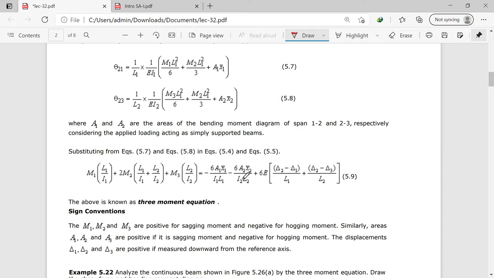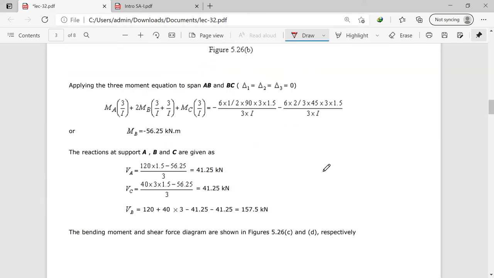Okay, so in the right hand side, he has considered all this value as 0 because there is no external loading, therefore there is no area and no x bar will be formed. So this equation becomes directly 0. Directly he has considered this 6E, delta 2 minus delta 1 divided by L1, delta 2 minus delta 3 divided by L2. So this equation we have to use, delta 2 minus delta 1 and delta 2 minus delta 3. So let us see that.